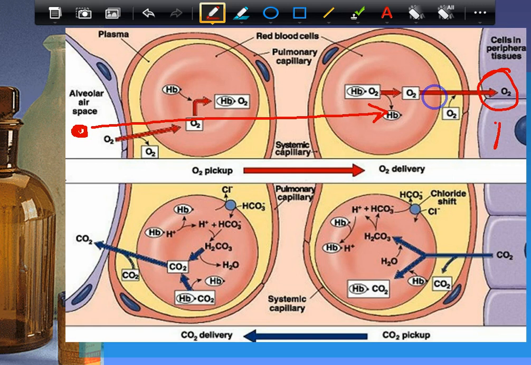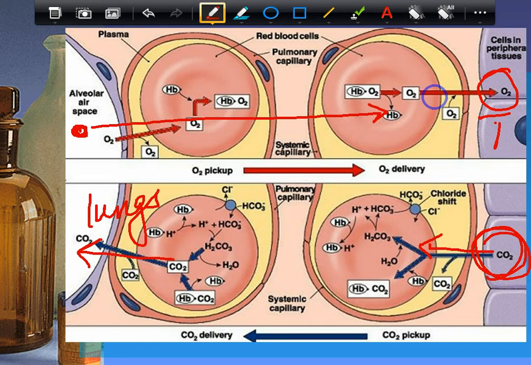There are the tissues right over there. For the CO2, start the CO2 over here. There's your movement of CO2 into the venous blood, carried back to the lungs. There's your lung site, and then getting dumped and exhaled.